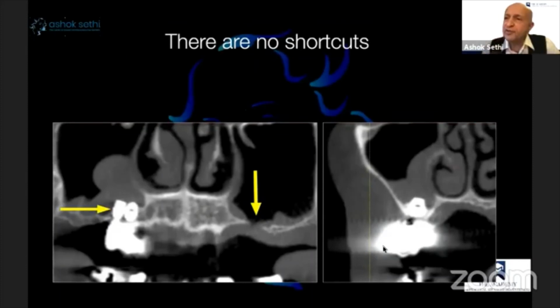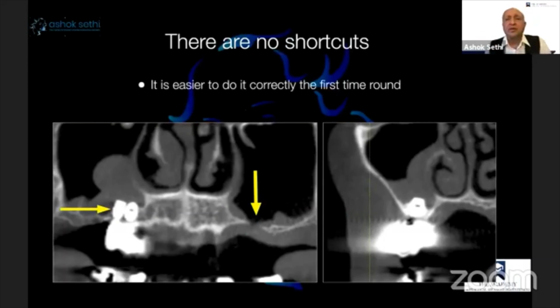Short implants are okay, but in many ways they are more difficult to do because they're less strong. So do it correctly the first time round. Otherwise, as Mish said, there's the next five cases you will do for free, so to say.